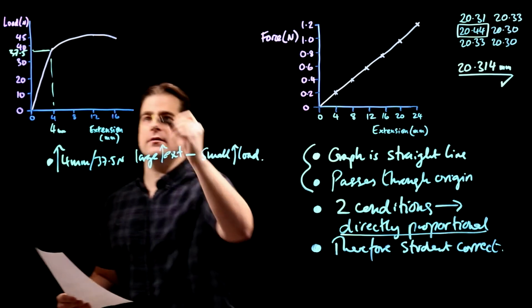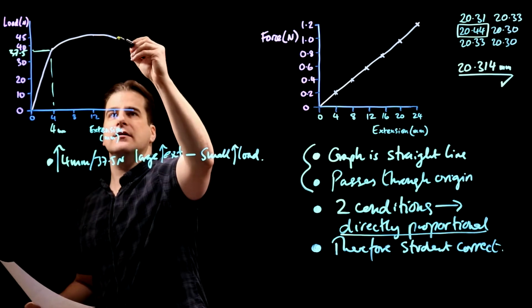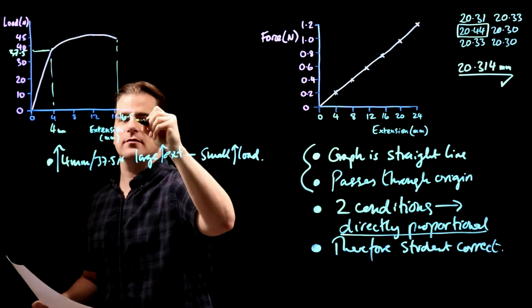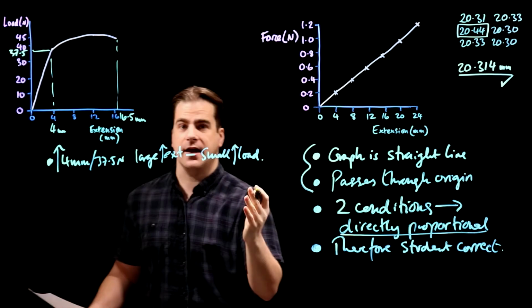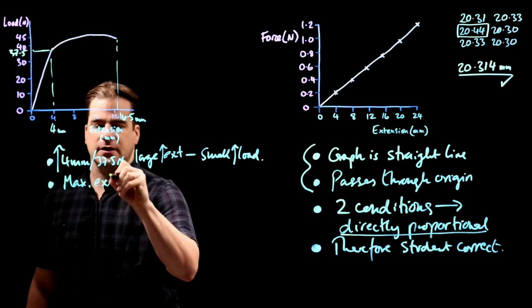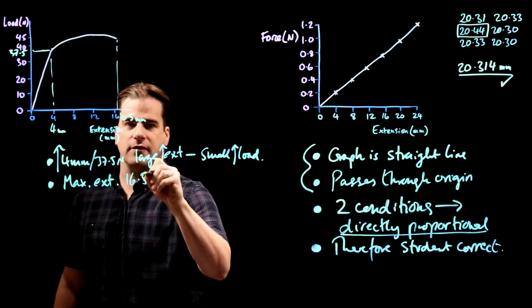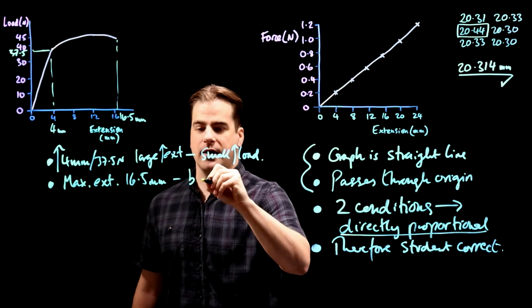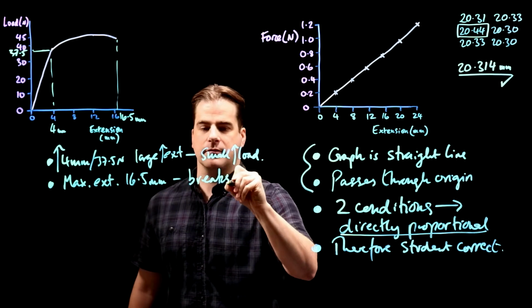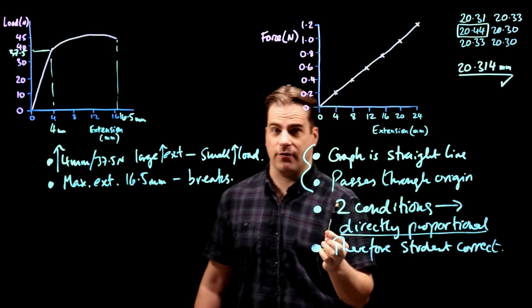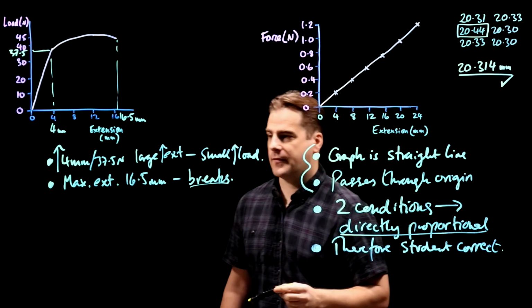That point there, it's about 16.5 millimeters. So just say that you get the maximum extension at 16.5 millimeters, which is when the wire breaks. Okay? It breaks at that point. That's why there are no values beyond that.